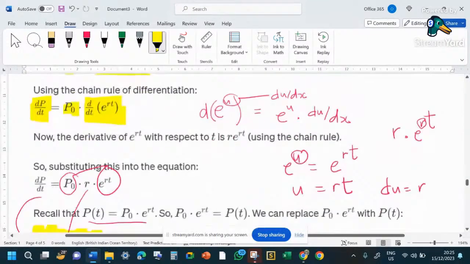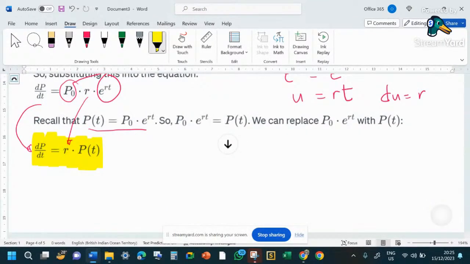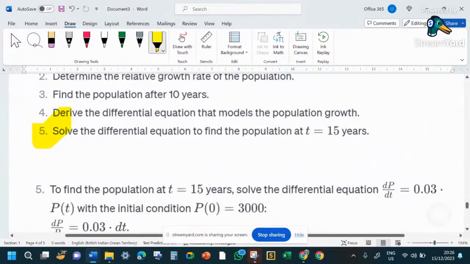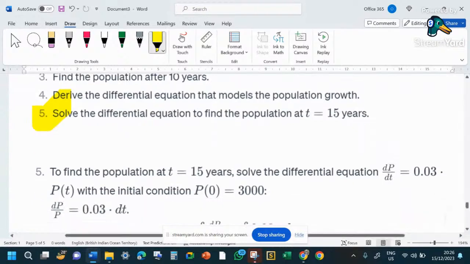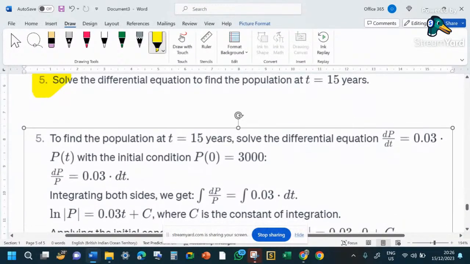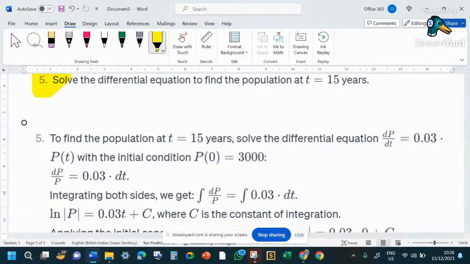So this is now the derivative of the exponential growth formula. Using this derivative, number 5 is solving the differential equation to find the population at t is equal to 15 years. We can now use what we have derived.